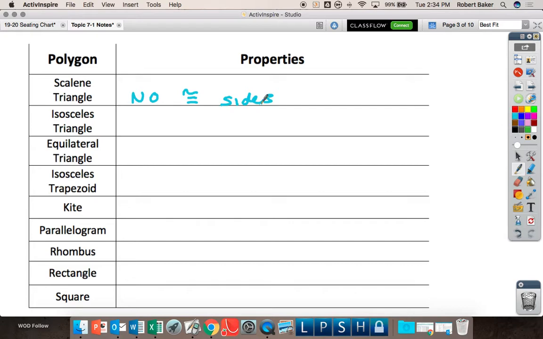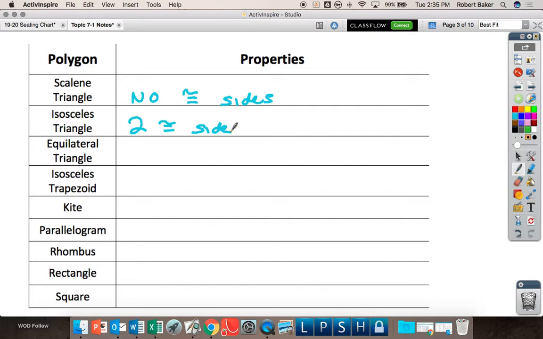The distance formula. What about an isosceles triangle? 2 congruent sides. What formula would you use to determine if a shape is an isosceles triangle? The distance formula.